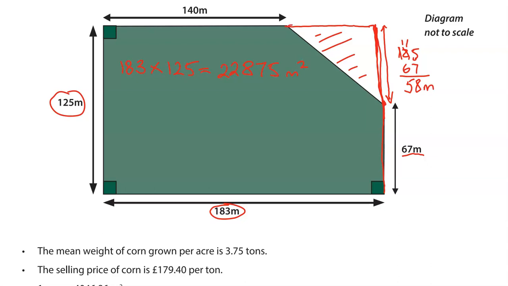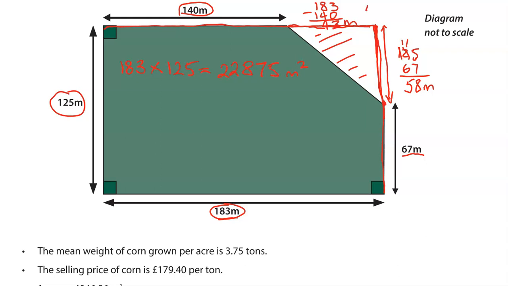Looking at this other length here that we've got, again we've got to take away 140 from 183, which is this whole length. So 183 take away 140 gives us 43 meters.